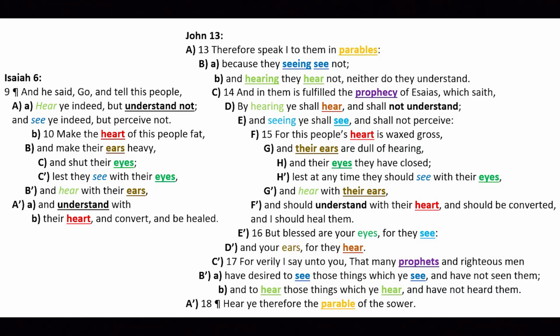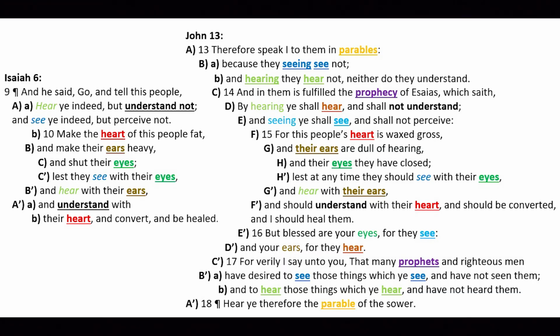Now, what I find really interesting is in the bottom, in the B prime term, he repeats those words twice again, but notice he adds more detail to it. Up above, it just says, because they seeing see not, and down below it says, have desired to see those things which ye see and have not seen them.